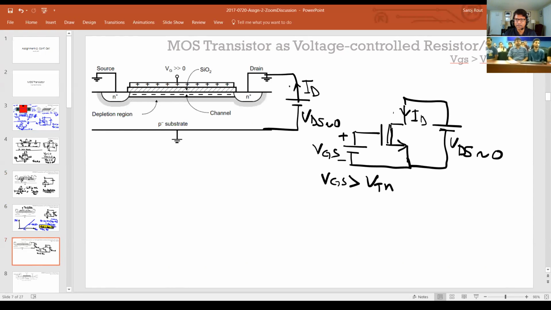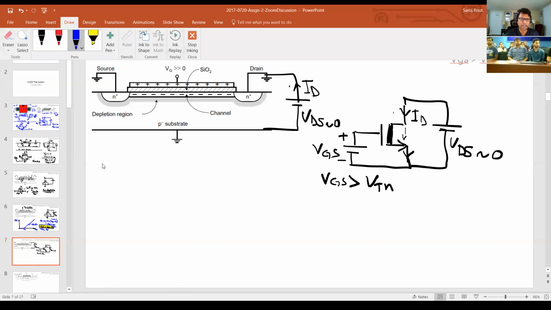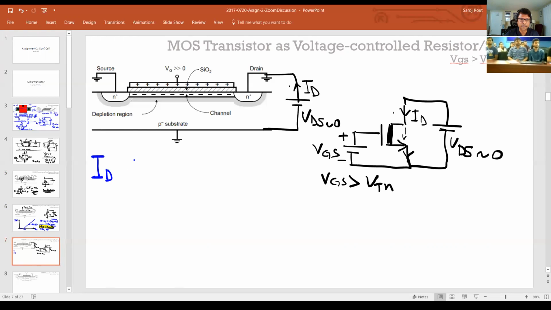Because if there is a charge here and I put a potential difference, you get an electric field across this, right? So if there are electrons in an electric field, they'll drift, and you'll get a current in this direction. Now that current, and obviously it's beyond the scope of this discussion, but that current ID is actually proportional to the charge density of that channel charge times W over L times VDS.